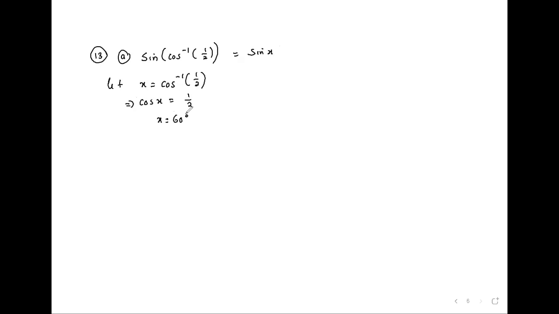Then I check the given interval for cos inverse, which is 0 to 180, so 60 is fine there. So when we get 60, we go to sine and say, now we know our x. So what is sine 60? Sine 60 is root 3 over 2.